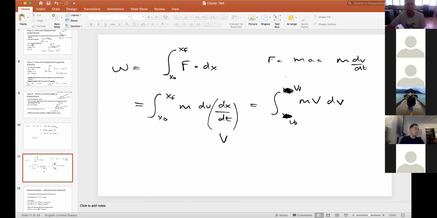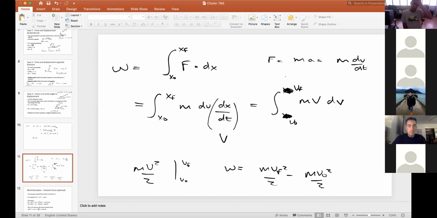And now, since we've changed the integration, we need to change the limits to v initial and v final. Doing this is super easy: it's mv squared over 2 from v initial to v final. So the work is mv final squared over 2 minus mv initial squared over 2. That quantity, mv squared over 2, is kinetic energy.